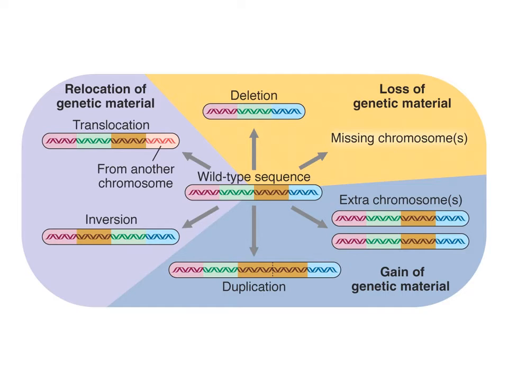We've seen translocation before, where part of a chromosome gets moved to another chromosome and vice versa. You can have inversions, where a part of the chromosome is flipped over relative to its normal location. You can have duplication, where a part of the chromosome all of a sudden is double. You can have deletions. And for what we're going to talk about today, we can have extra chromosomes or missing chromosomes. And that, of course, leads to some serious problems.